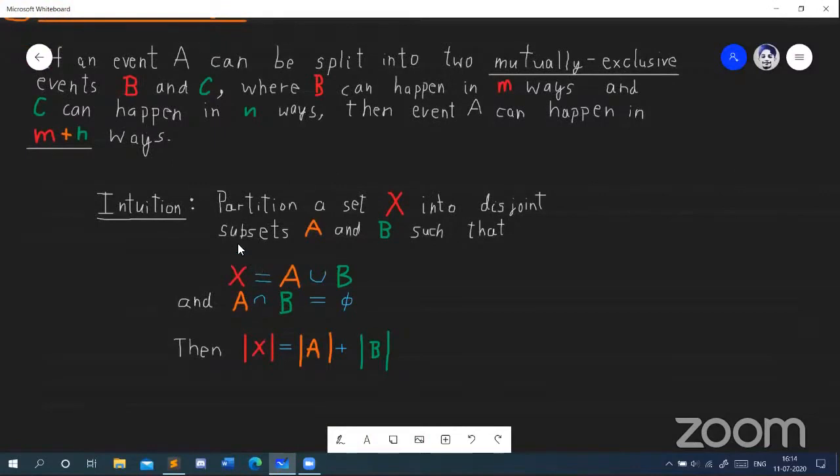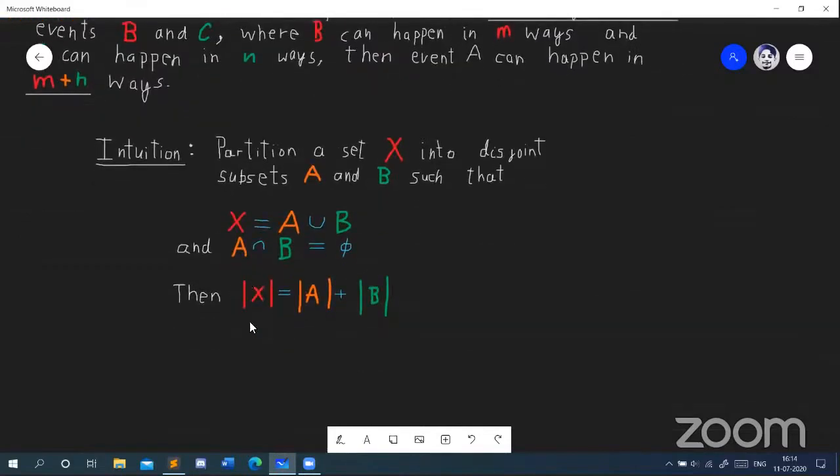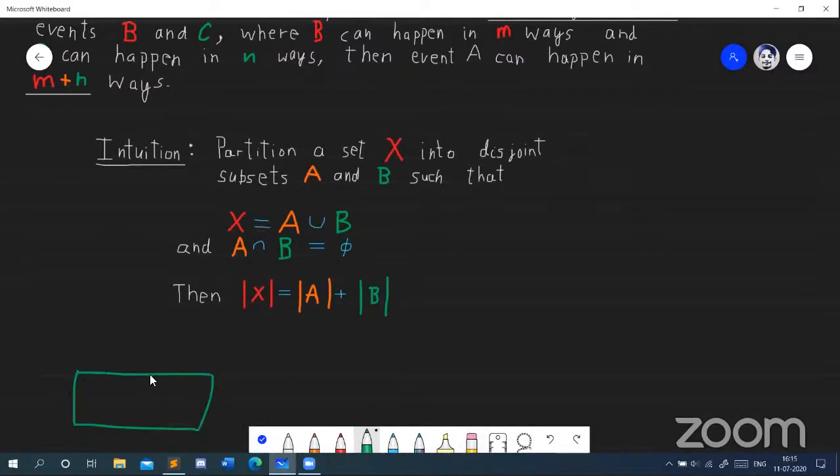This is true because if I have a set X equal to a union of 2 sets A and B, such that their intersection is the empty set, which just means these 2 sets are disjoint, then the cardinality of X will be the cardinality of A plus the cardinality of B. A way to look at this is that let me call this box X. Then if I partition it in such a way that everything to the left of this partition is not to the right of it, and this is A and this is B, this in total is X. Then the number of elements in X is the number of elements in A plus the number of elements in B.